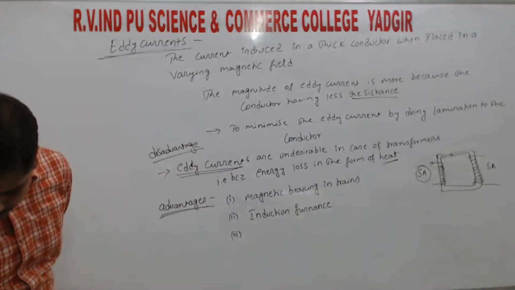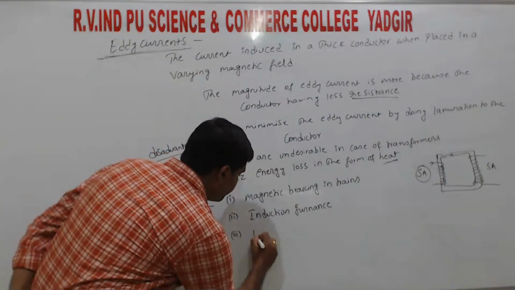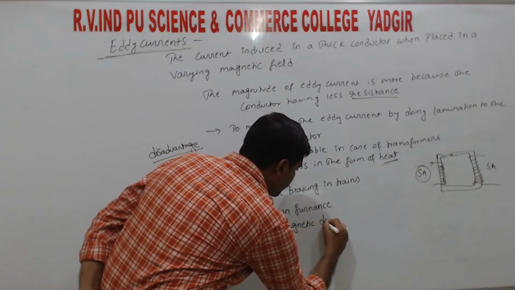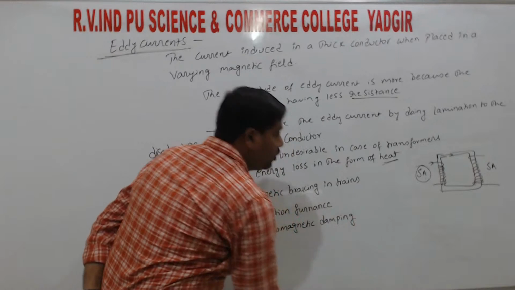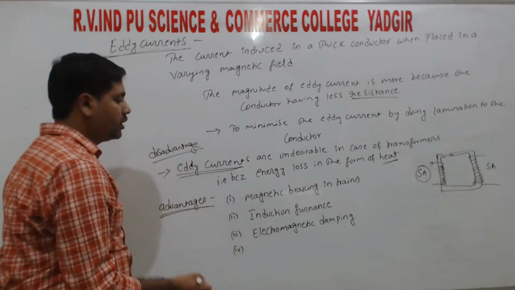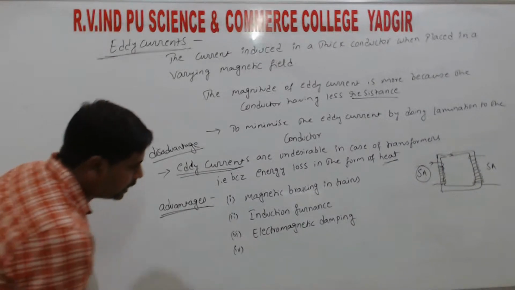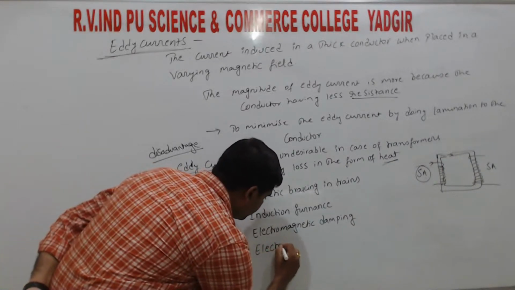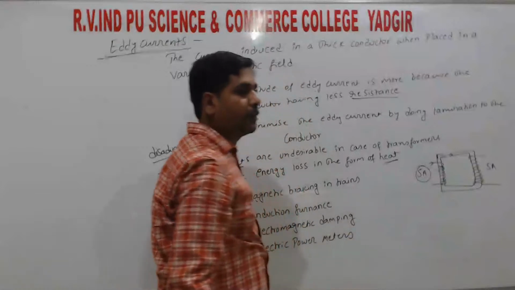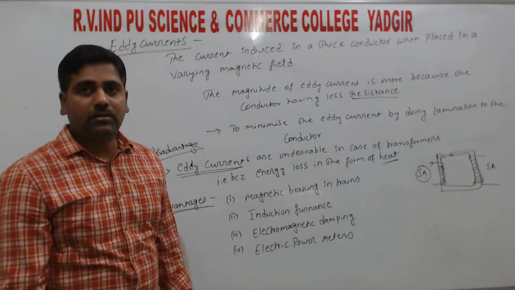Third one is electromagnetic damping, and the last one is electric power meters. So these are the advantages of eddy currents, right?